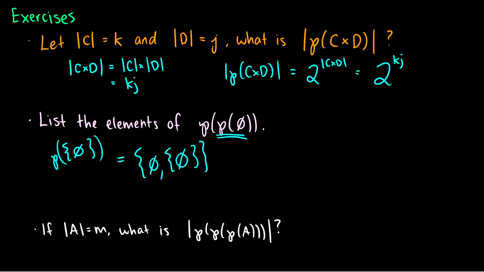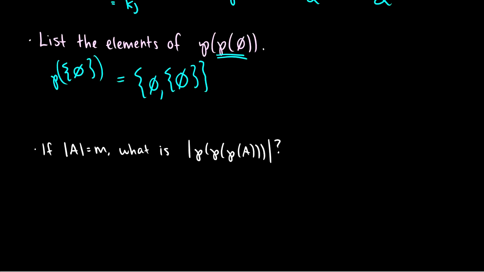The final one is more theoretical. If the size of A is equal to M, what is the size of the power set of the power set of the power set of A? Well, we can take this step by step. The size of the power set, in fact, I'm not going to write this out again.